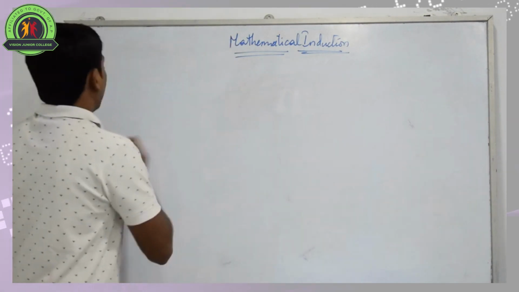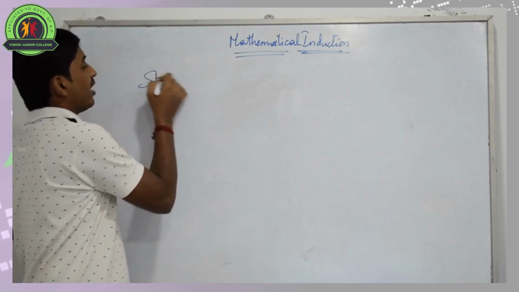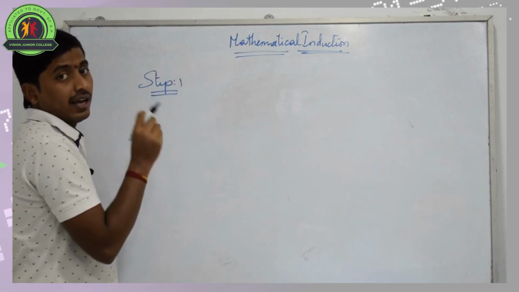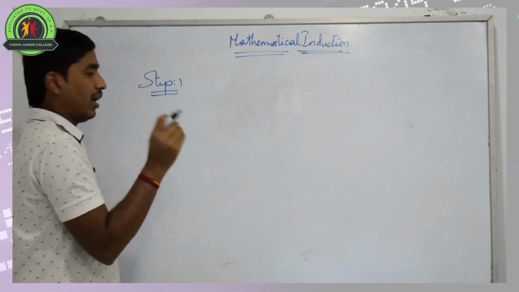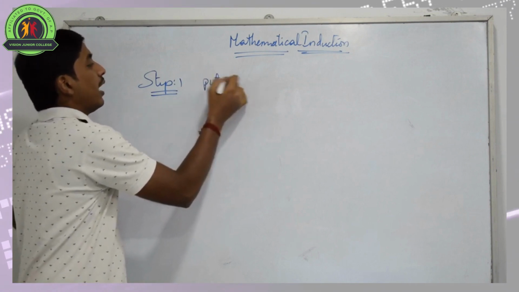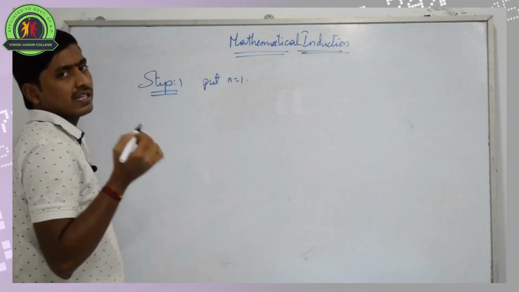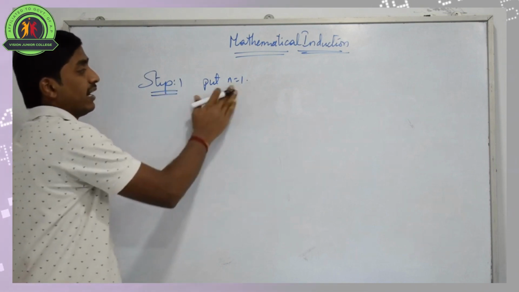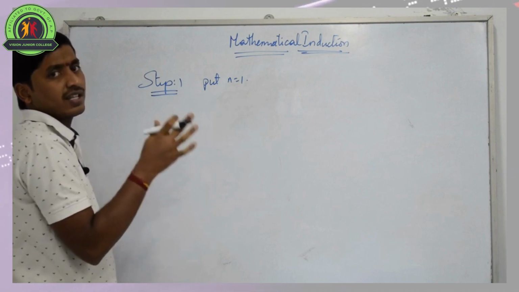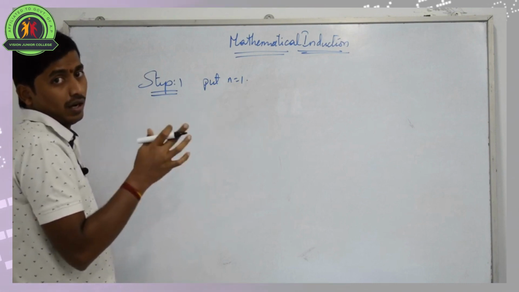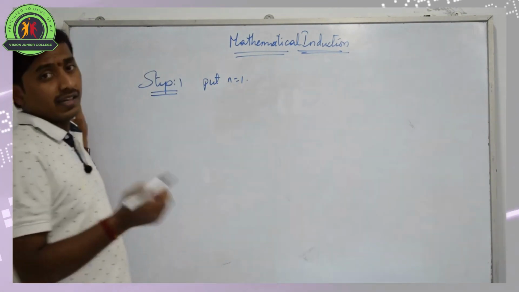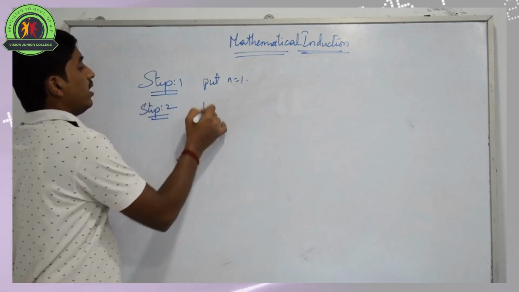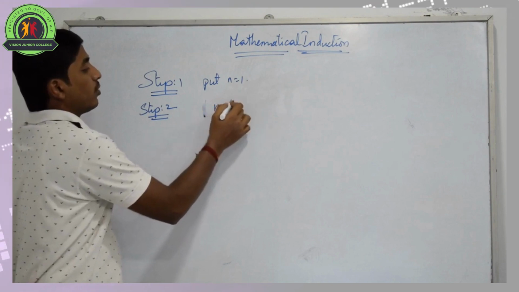Step 1 indicates that whatever the statement is, we are going to substitute a particular value, that is, let us substitute n is equal to 1, and check whether the given statement is true or not for that condition. And next we have to assume that it is true for n equal to k.